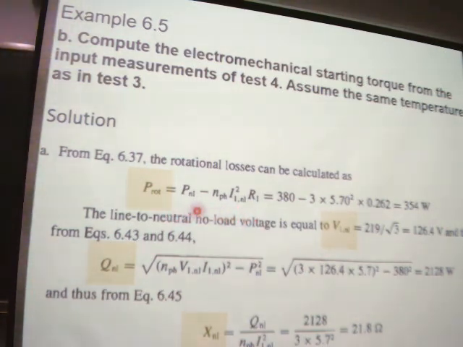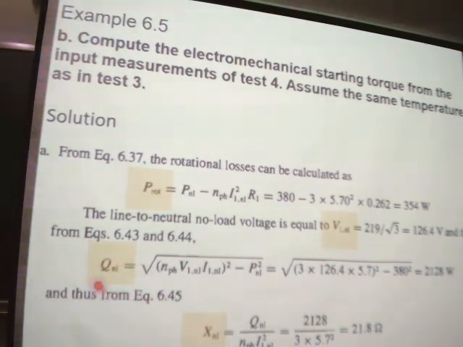Because there is no load, just use this equation. And here is voltage. The voltage is the no load phase voltage, so it has square root 3. We can get this line to neutral.